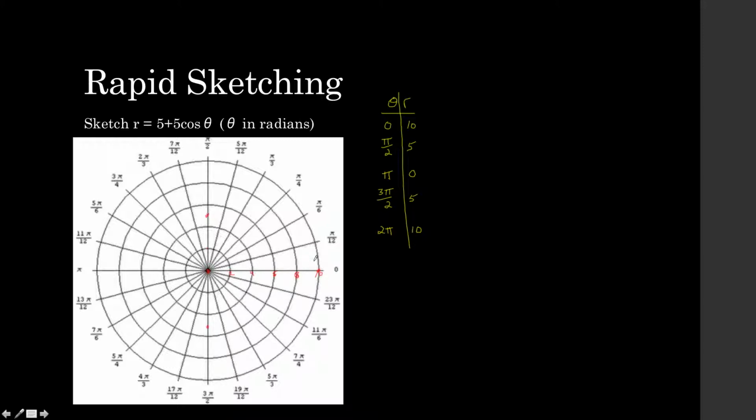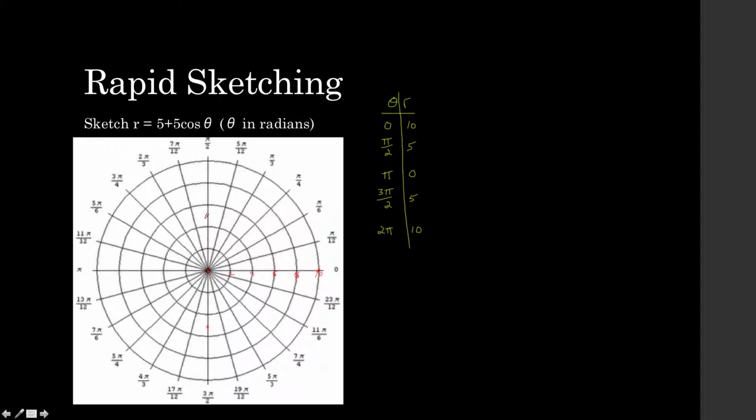So yes, it's repeating. Now, what you need to notice is that theta, as we go from 0, because this is 0, as we go from 0 to pi over 2, theta is increasing. Okay? As we go from pi over 2 to 0, theta is decreasing. 0 to 3 pi over 2, it's decreasing some more.